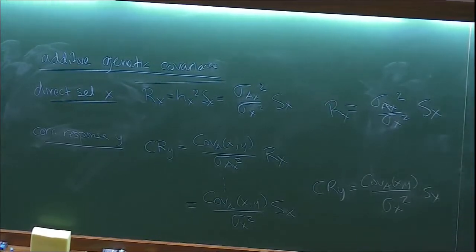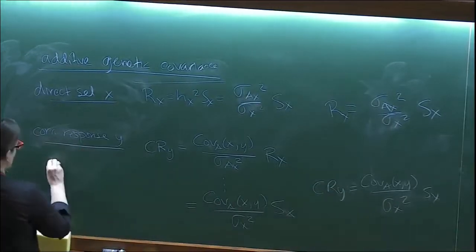And often we summarize those in a matrix of additive genetic variances and covariances. I'll draw one at the end when I briefly talk about that. And so this is what's sometimes called the correlated response. It's also in the literature called the indirect response.